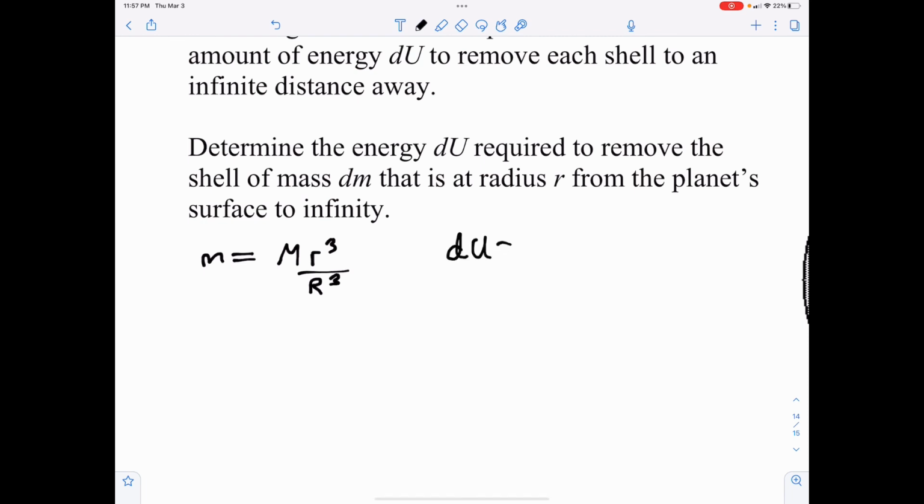Well, it would be big G, mass of the planet, dm over r. Okay, and all I'm going to do is substitute that for that.